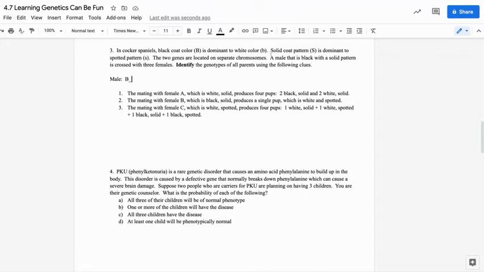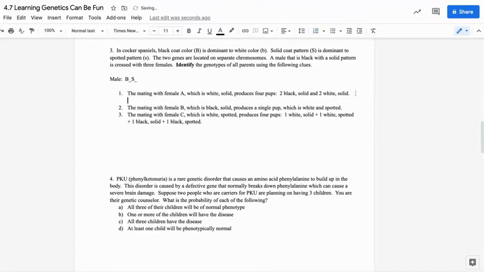And solid pattern. Okay, so one dominant allele for each trait. Not sure of the second one. Okay, so that's B_ S_.